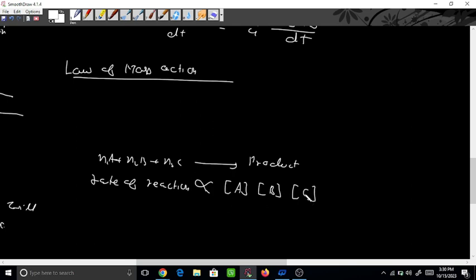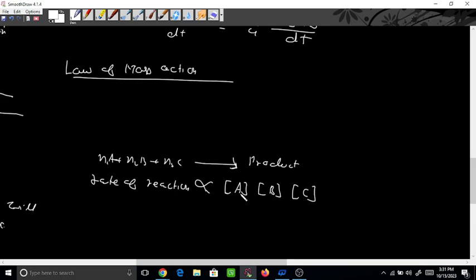Active mass is not exactly the concentration; it denotes the reacting species. If we are doing this reaction in solution phase, then the concentration, the molarity, will be the active mass. But if we are doing the same reaction in gaseous phase, then partial pressure will be the active mass.